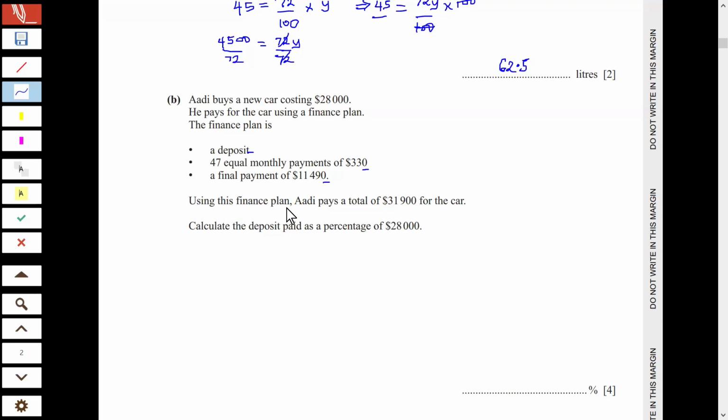Using this finance plan, Avi pays a total of $31,900 for the car. Calculate the deposit paid as a percentage of $28,000.